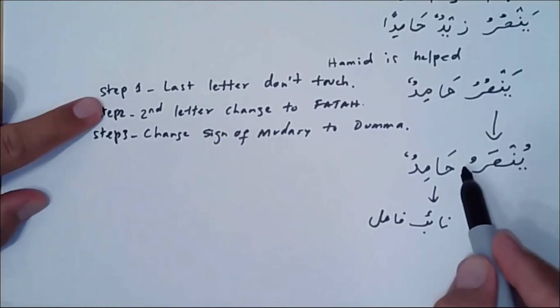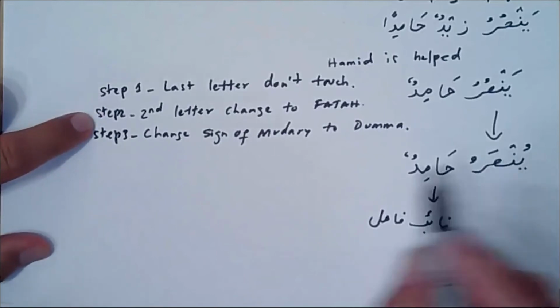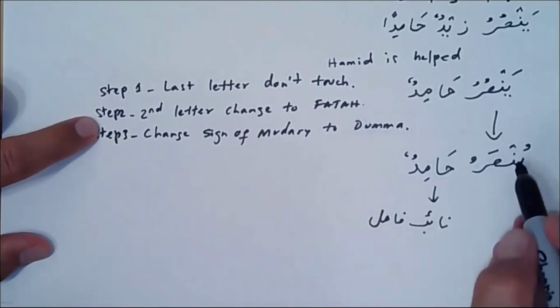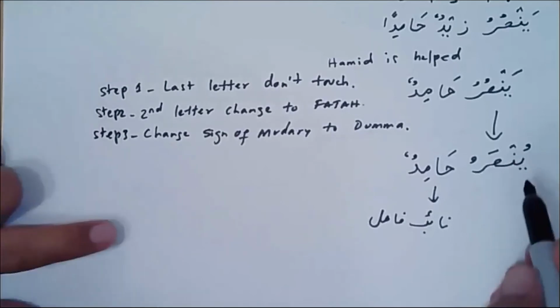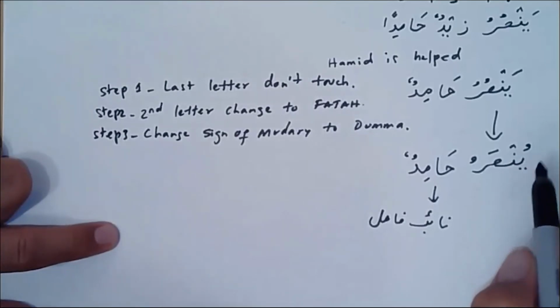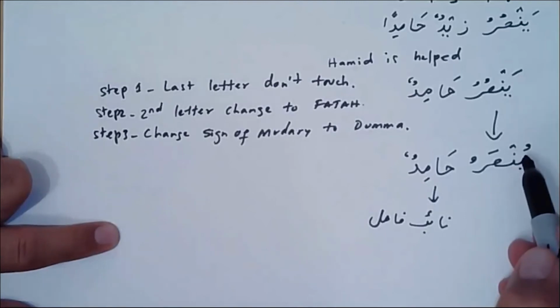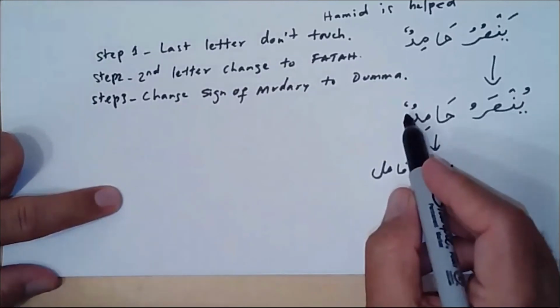The letter behind it, the second one, will change into fatha. If there is a sukoon, it will stay as sukoon. But the alamat mudari, which is ya, whatever haraka it has, it will take a dhamma. So it will become Yun Saru Hamidun.